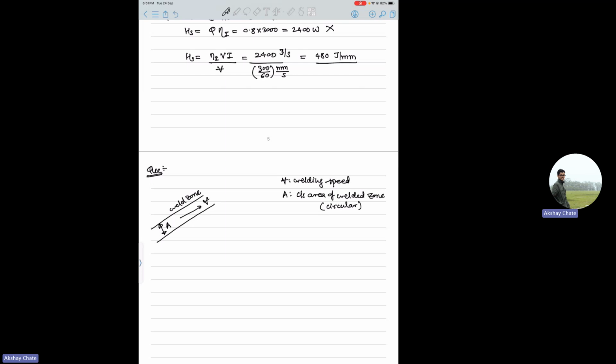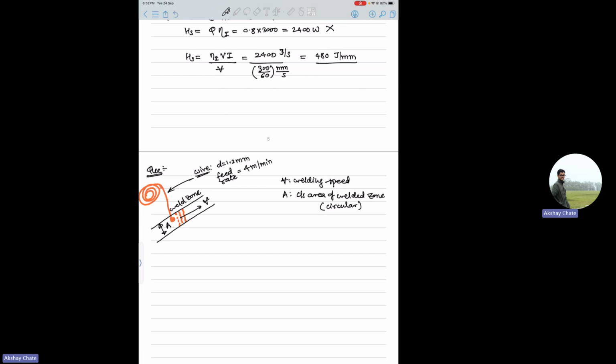But what is happening in this weld zone? There is one wire roll which is coming here and melting, and this zone is getting filled by this melted wire, and then it solidifies. For this wire, they have given that the diameter is 1.2 mm, a small wire. The feed rate of this wire, so at what rate it is being fed to the welding process, is 4 meter per minute.